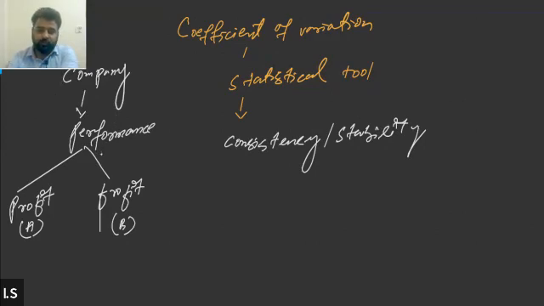So in order to find out the consistency of the company in terms of profitability, we can apply the coefficient of variation. Think like that, suppose you are a shareholder, or a prospective investor.